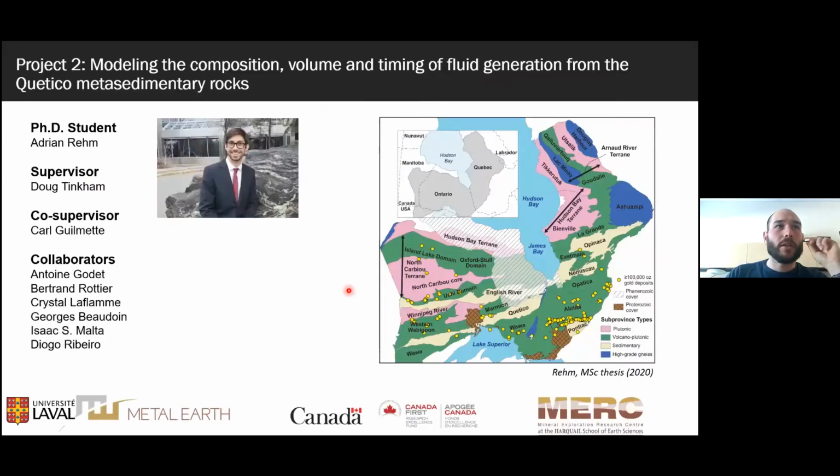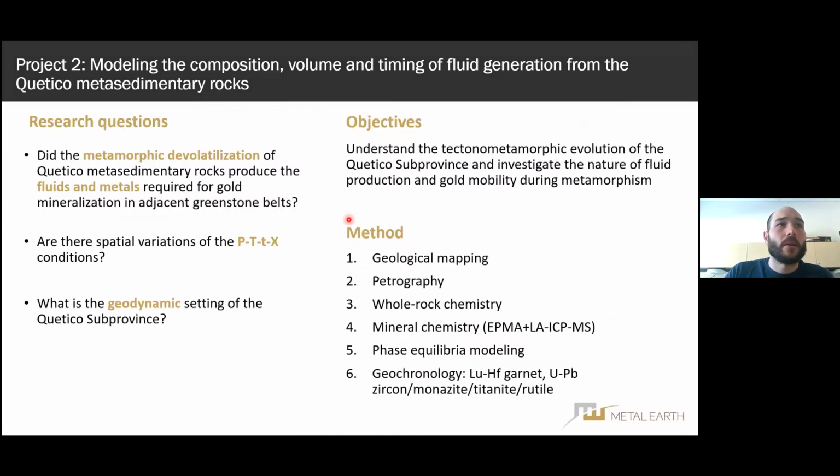The second project started last September. This is Adrian Rem from Laurentian University, supervised by Doug Tinkham and Carl Gilmet. Adrian is going to work on the Quetico subprovince, and he's going to try to answer these questions.